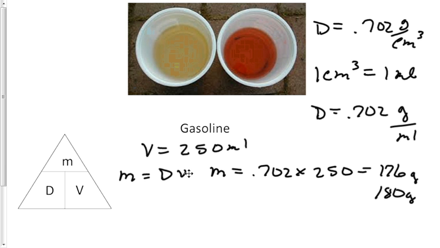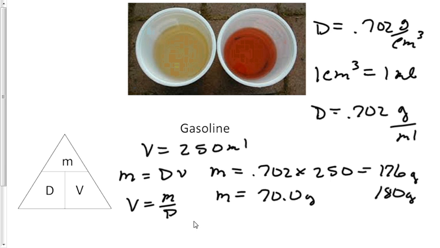Okay. Now what if I want to find the volume of a specific amount of mass? So I look at my triangle, I cover over volume. I see that volume is mass divided by density. So volume is equal to mass divided by density. So let's say my mass is equal to 70.0 grams, and I want to find the volume of that.